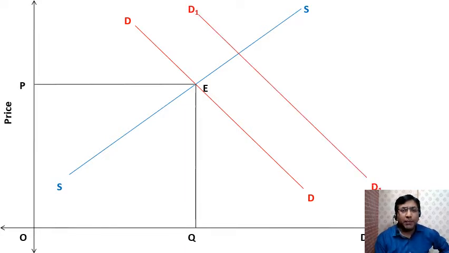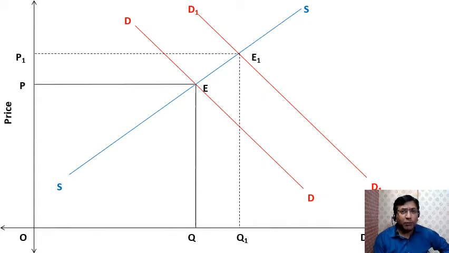If the demand for air tickets increases, the demand curve will shift towards right. When the demand curve shifts towards right, we'll get a new equilibrium point, that is E1, and the new price, that is OP1. And of course, even the quantity has increased to OQ1. So in case of increase in demand, there is a chance that the price of the commodity may rise.